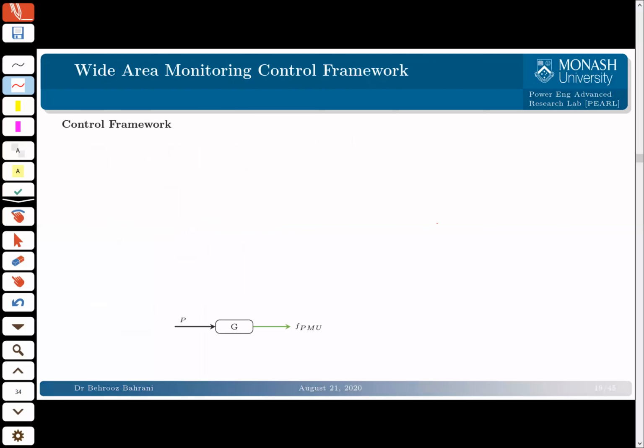But first, how are we going to do this? We are going to use PMUs in this approach. You probably know what a PMU is. If I want to describe it in a very primitive way, it's a sensor for sensing your frequency. So imagine that you've got a power system.